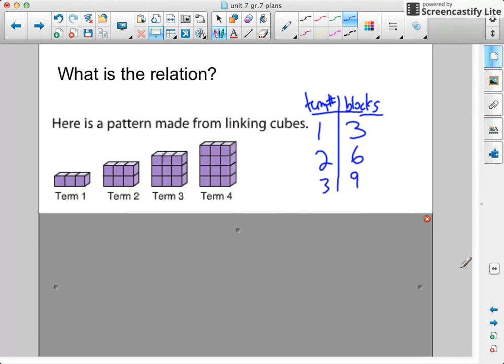So I'm increasing by 3's each time. So all I have to do is multiply the term number by 3, no matter how many terms. So if my term number was t, my pattern or my expression would be 3t, or 3 multiplied by the term number.